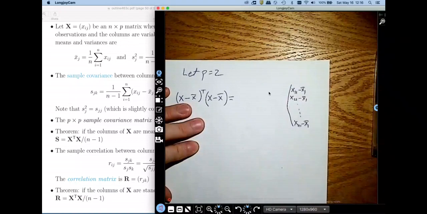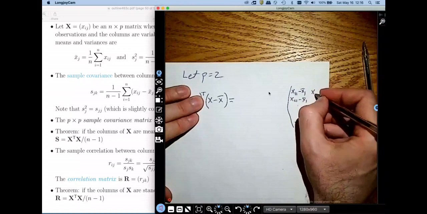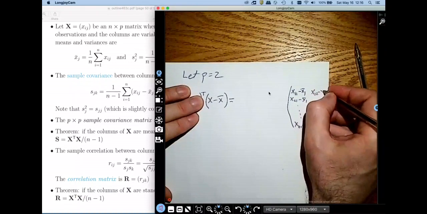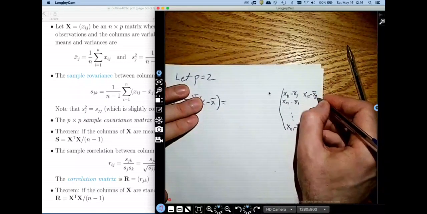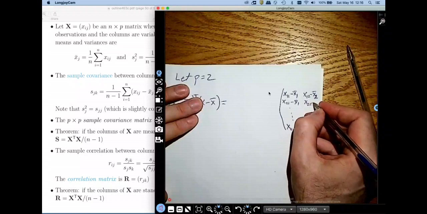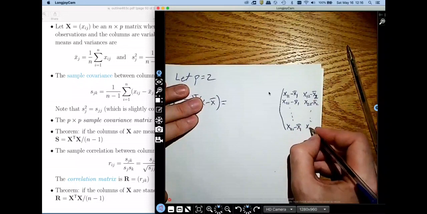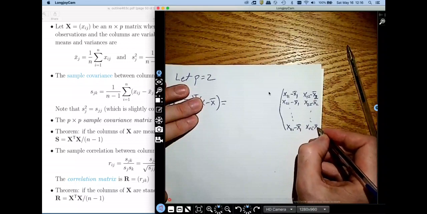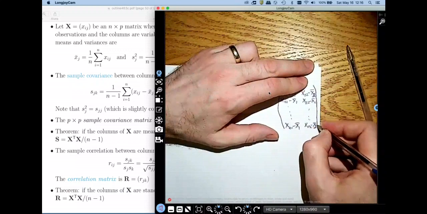So that's the first column of this matrix right here. And then let's take X12 minus the column mean for the second column, which would be X bar 2. This would be X22 minus X bar 2 all the way through Xn2 minus X bar 2. And then let's close our parenthesis.